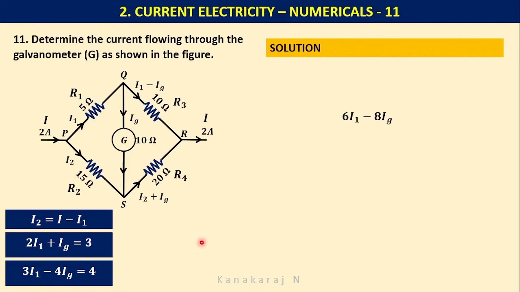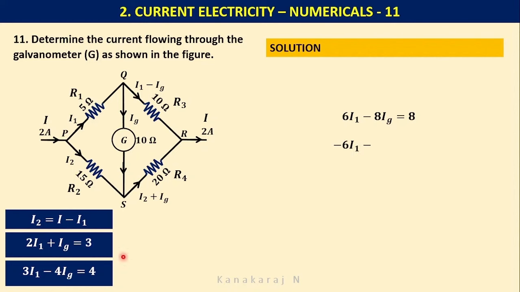So the third equation is multiplied by 2. So 6I1 minus 8Ig equals 8.